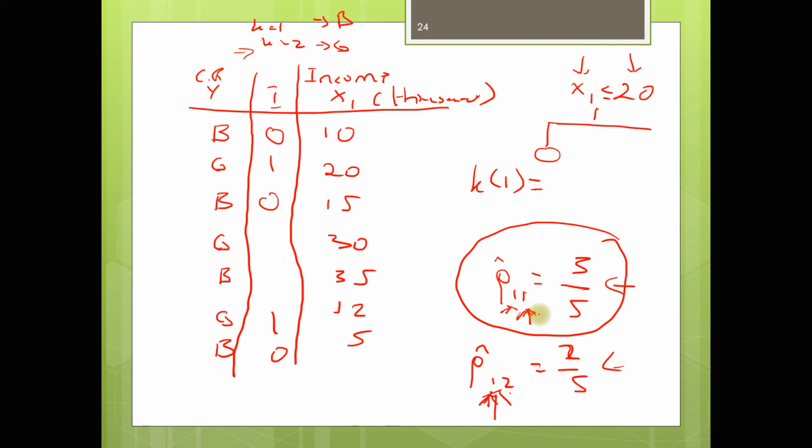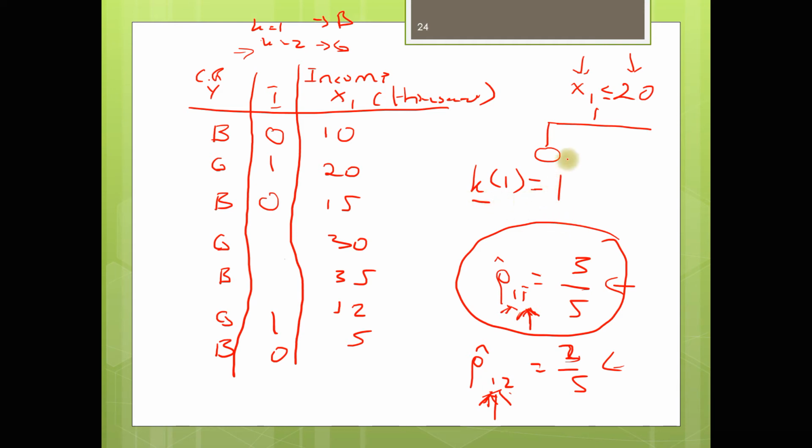The k is 1. So what you understand from that, it means that k1 is equal to 1 in this particular example. If this was the highest proportion, k1 would have been equal to 2. But in our example, the one that is highest is for a class k equal to 1, that is class k equal to bad.